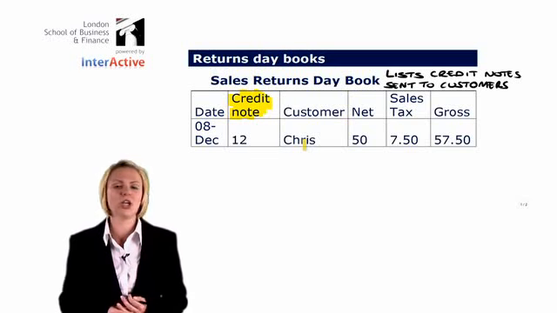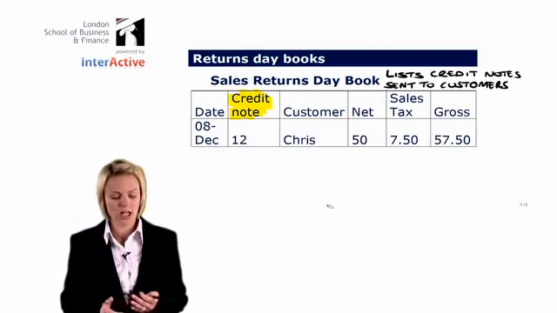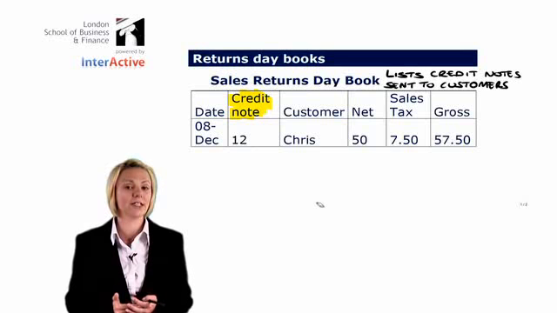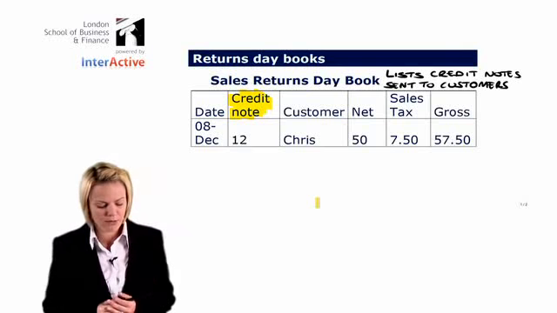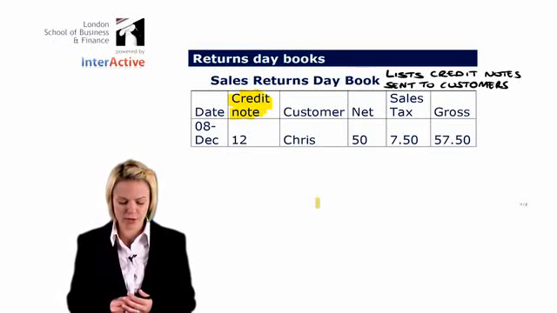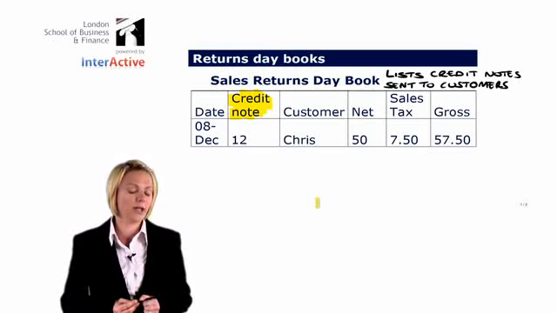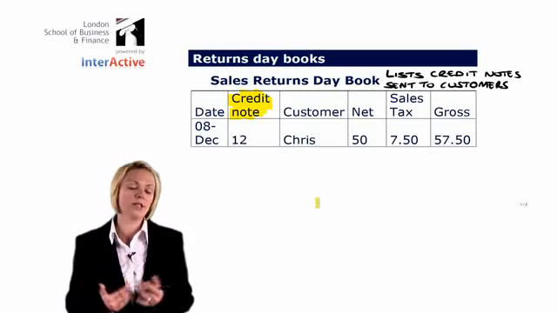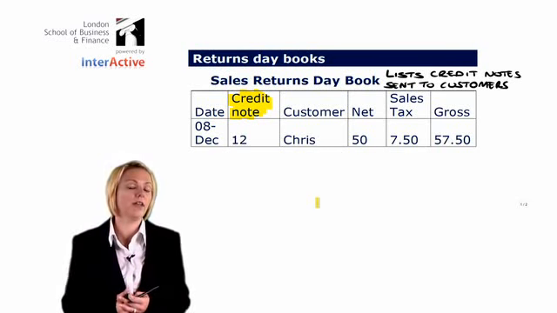So if you remember on our chapter on sales tax, we said that the net amount was the list price less trade discount, and that the same would apply here. The net amount is the list price less trade discount on the credit note. We've then got sales tax and then the gross amount. And notice there's only one credit note that's been issued in the week of December, so we don't need to pull off a total because there's only one figure in there.